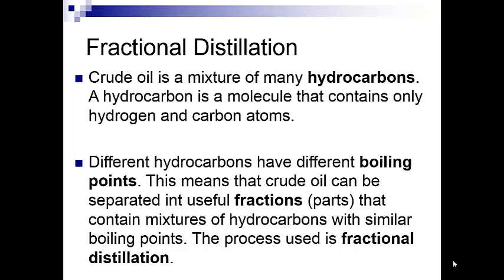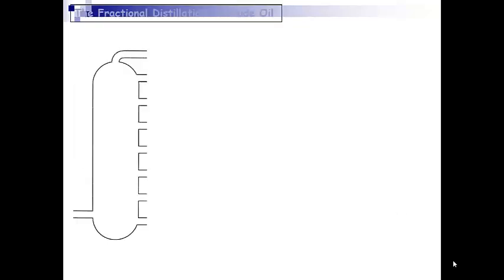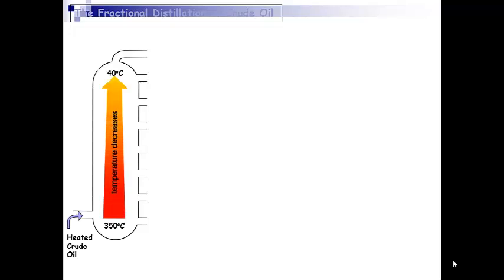Different hydrocarbons have different boiling points. This means that crude oil can be separated into useful fractions that contain mixtures of hydrocarbons with similar boiling points. This process is called fractional distillation. Here's an animation of fractional distillation. I'll show you how it works.